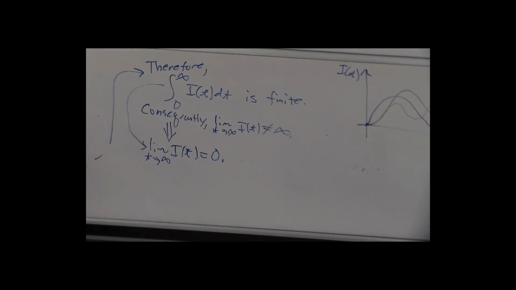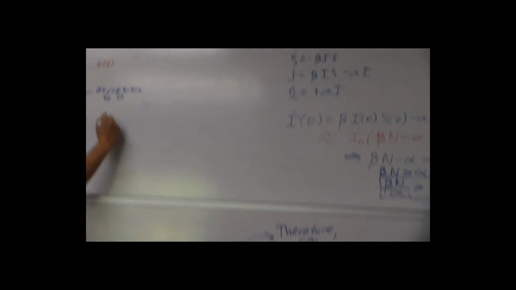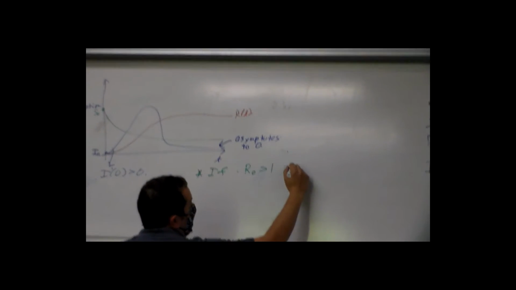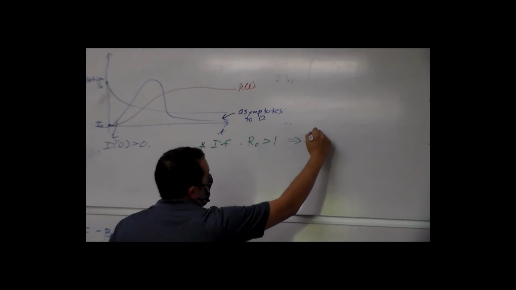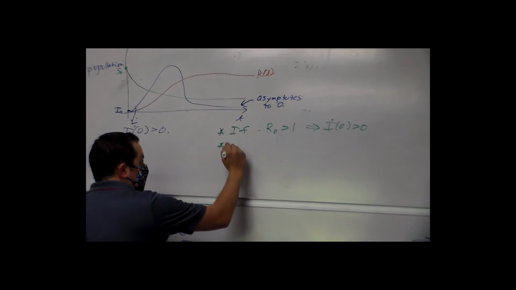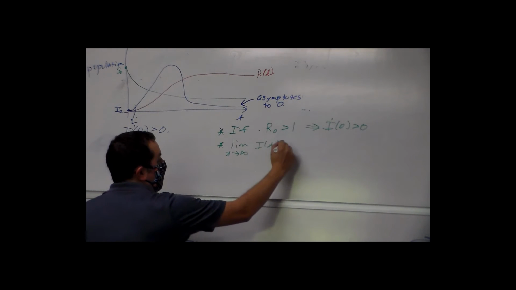So I'm going to write down the properties that we know for I of t. If R naught is greater than 1, this implies I dot of 0 is greater than 0. And we know the limit as t goes to infinity of I of t has to equal 0.